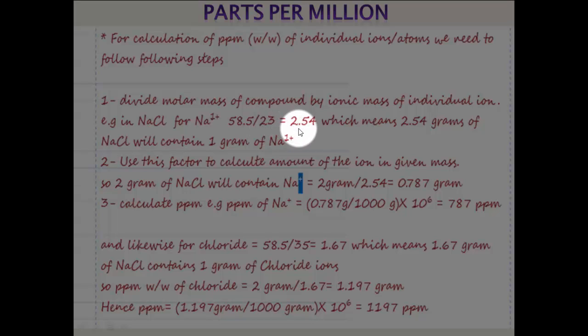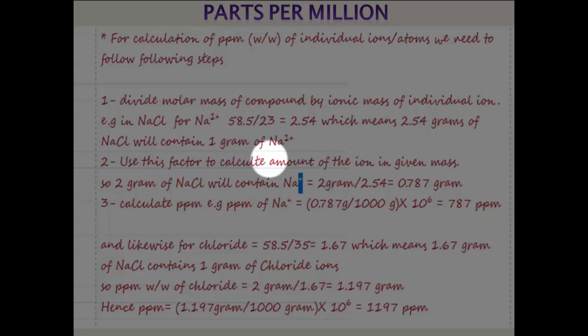This will give us a number like here, 2.54, and this basically tells us that 2.54 grams of sodium chloride will contain 1 gram of sodium ions.